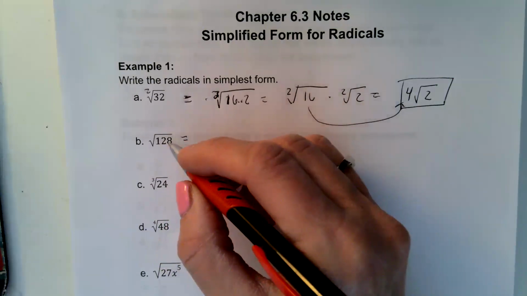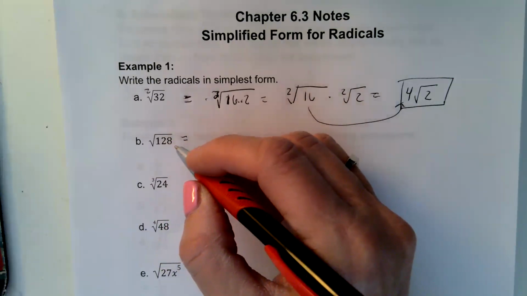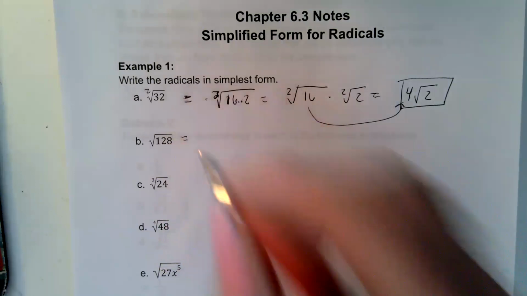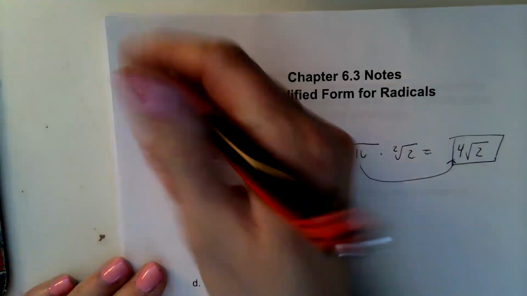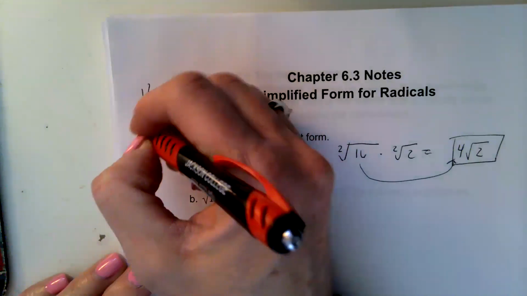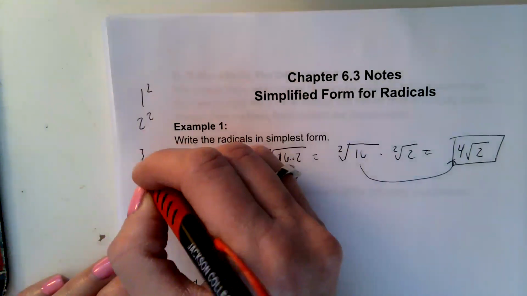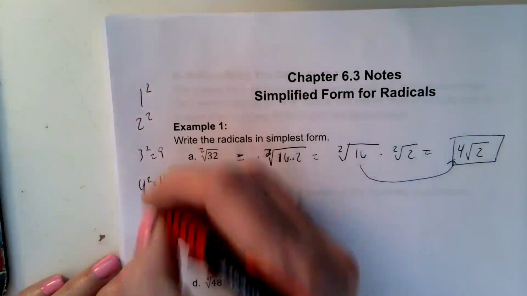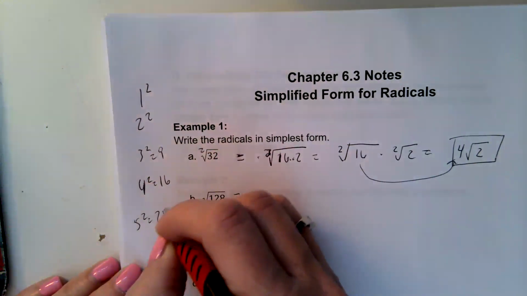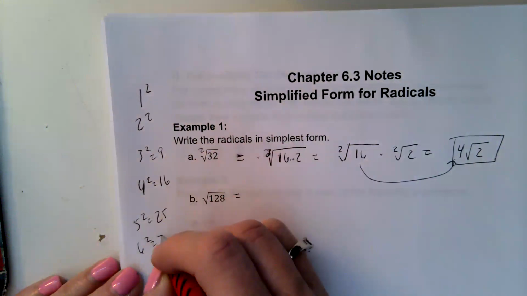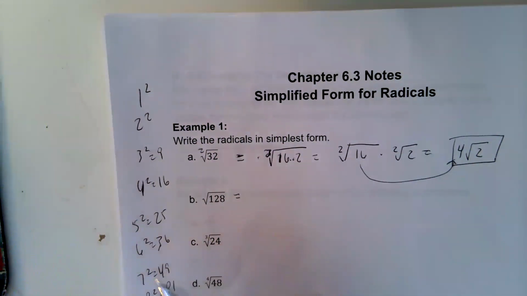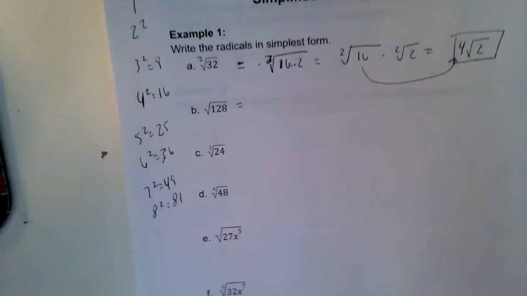So the square root of 128, I don't want it to be written as a decimal. If you know your squares, it helps. 1 squared is 1, 2 squared is 4, 3 squared is 9, 4 squared is 16, 5 squared is 25, 6 squared is 36, 7 squared is 49, 8 squared is 81. Writing these down and having them handy helps.